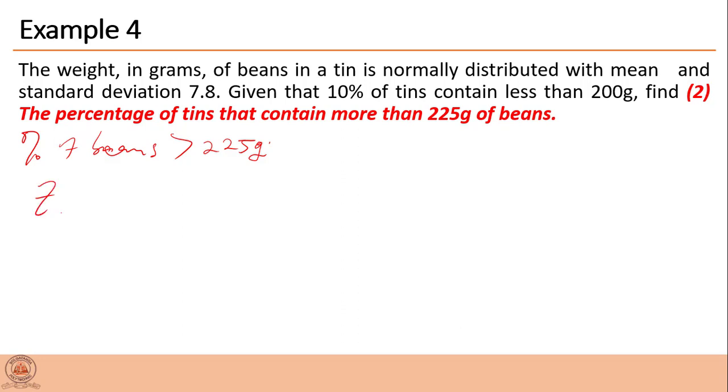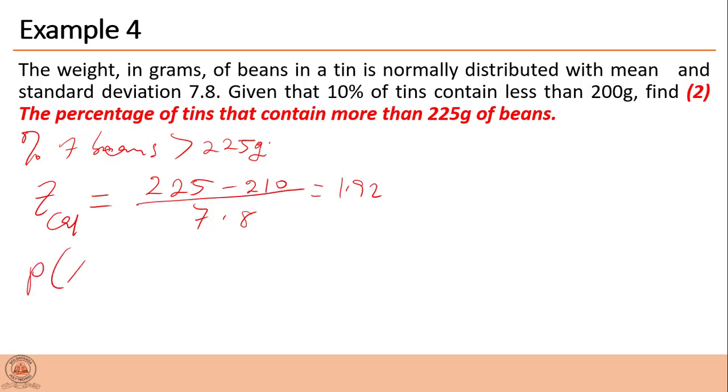we say z, let's call it calculated, is equal to 225 minus what we have gotten, the mean that we got, all over 7.8 as a standard deviation. So this should give us 1.92. Can be wrong, so punch your calculators and be sure that is the right thing.